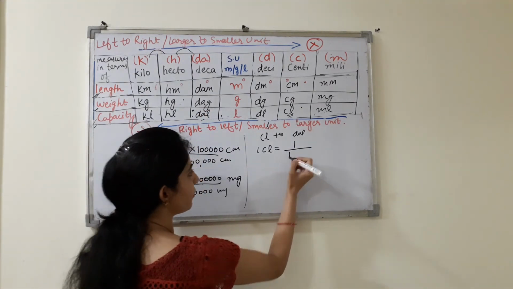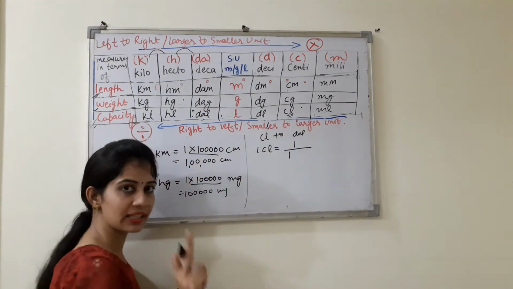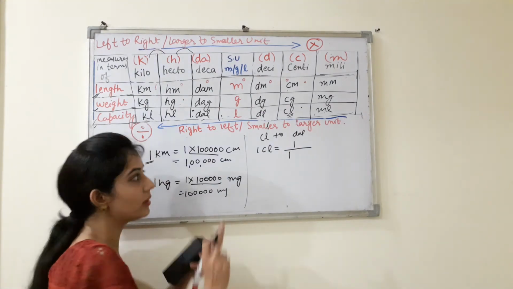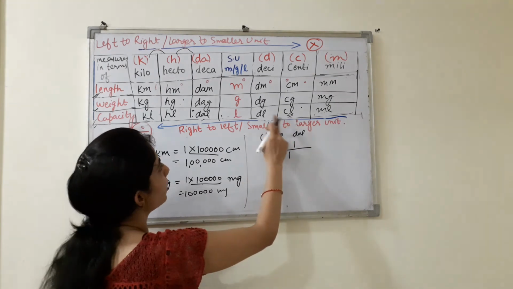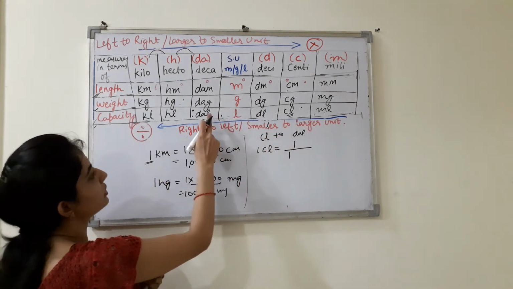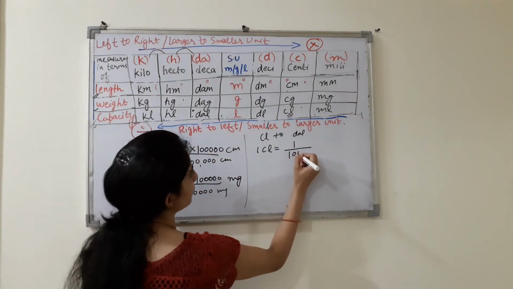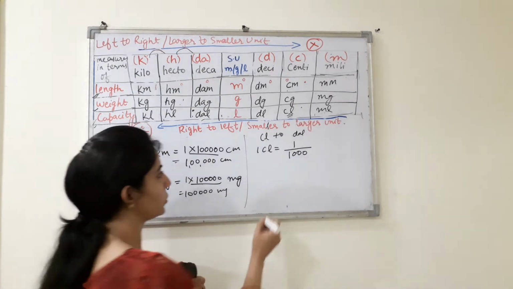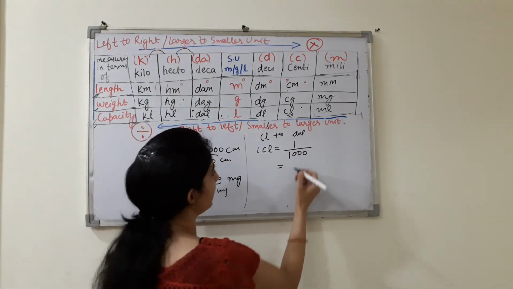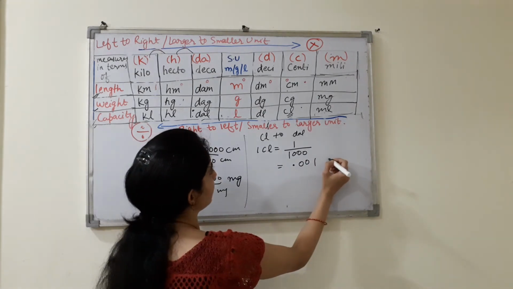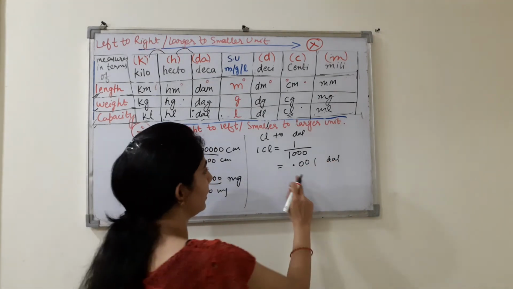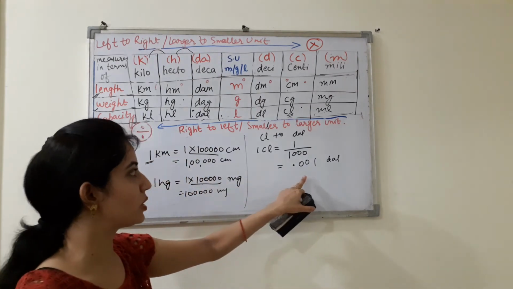So same, first you will consider centiliter as 1 and the rest of the numbers till decaliter as 0. So 1, 2, 3 zeros, right? So you can divide it, so it will be 0.001 decaliter.